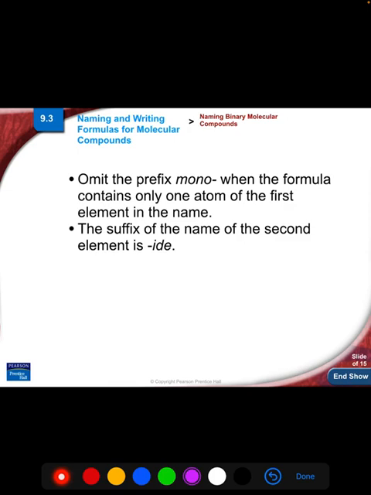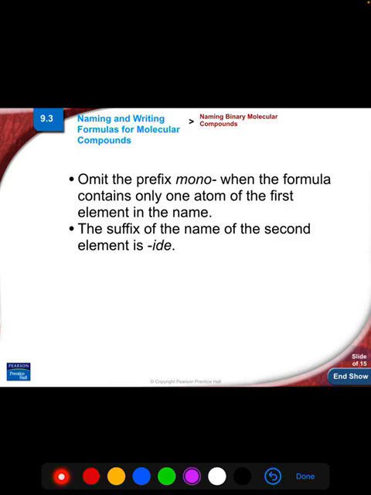And very frequently, even the second atom may not include the mono. It's important when we discuss carbon monoxide, because it's such an important distinction to make between it and carbon dioxide.